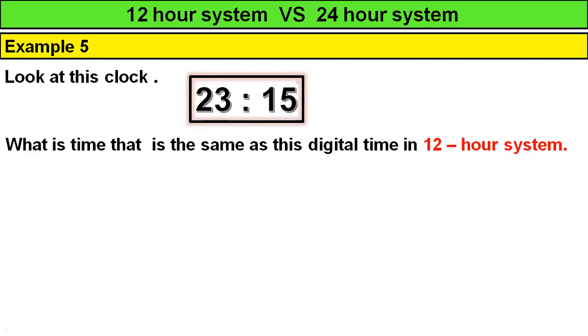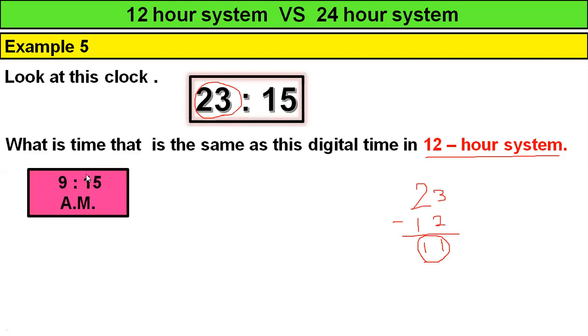I'm going to show you here because we need to know that in the 12-hour system. So you take the hours, which is 23, and minus 12. Subtract them. 3 minus 2 is 1. 2 minus 1 is 1. So it's 11. Okay? So this is how we write it.